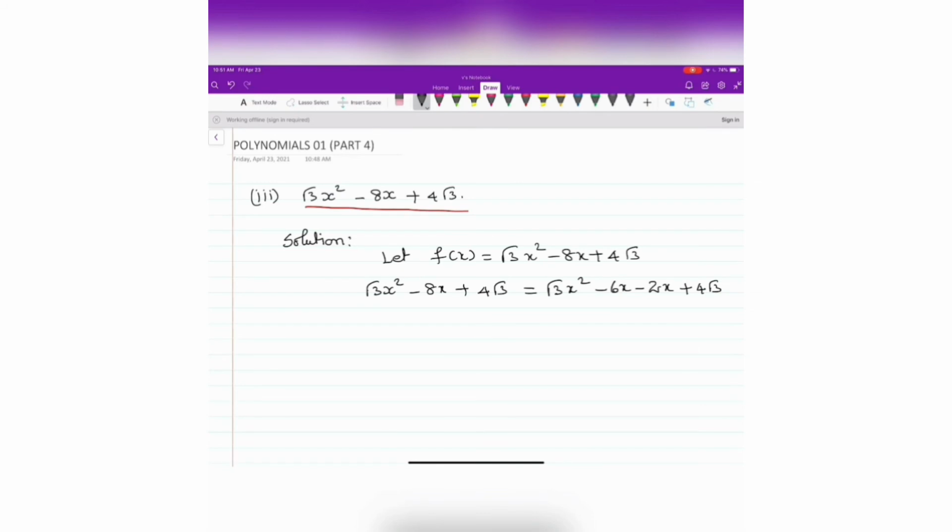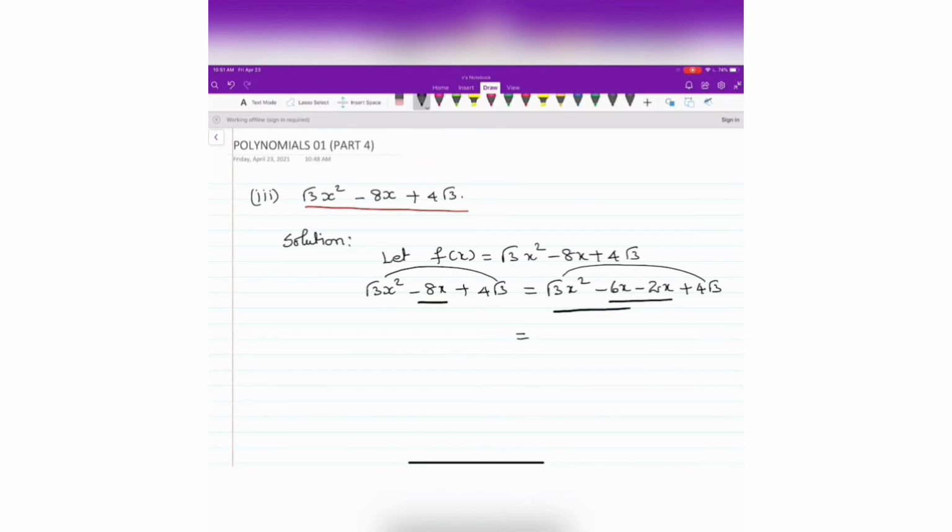Now, when I add minus 6x and minus 2x, I am going to get the middle term minus 8x. When I multiply, I will be getting 12x squared. So, that is nothing but the product of the first and the last term. It's the usual procedure.